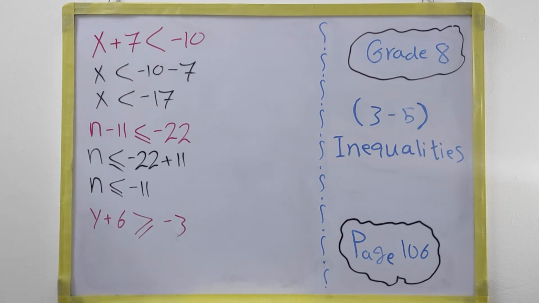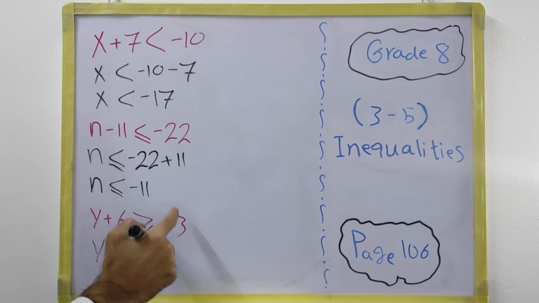And for the last one that we have here, y plus 6 is greater than or equal to negative 3. Again, the same way that we had, we need y only on one side and all the others on the other side. We move it: y greater than or equal to negative 3 minus 6.